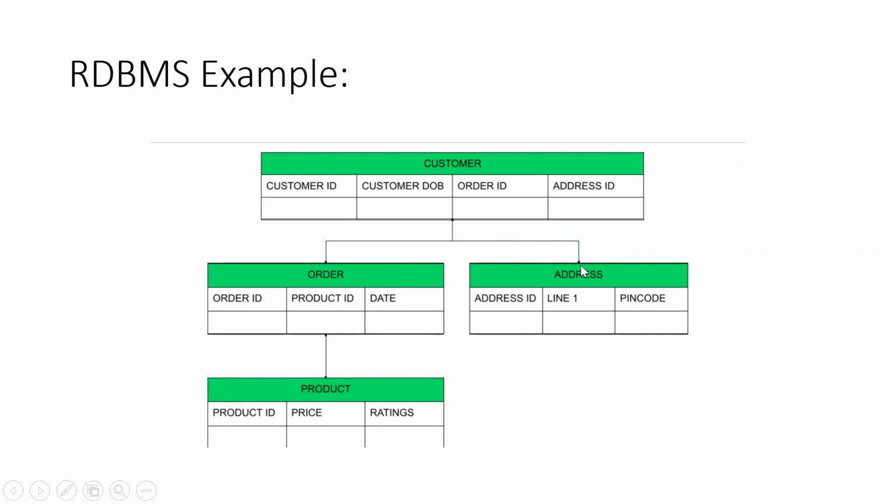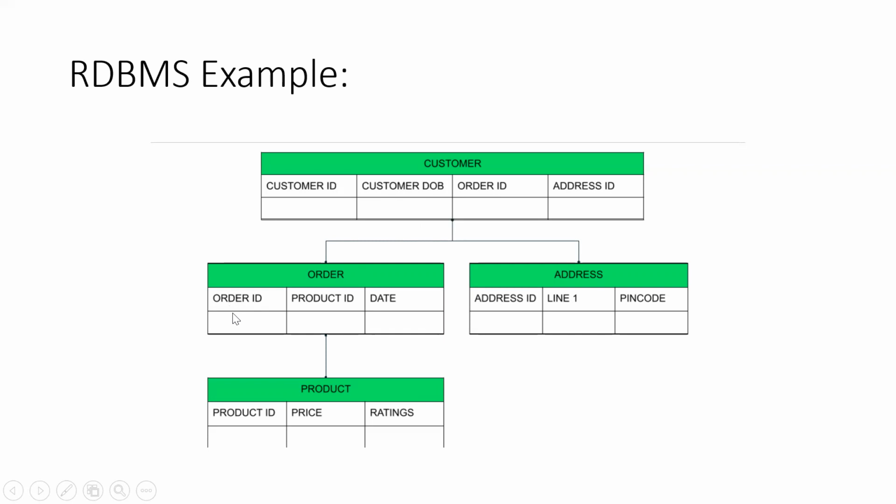Similar things happen for each and every table. So I'm just repeating once more: the table should have one primary key, and the same primary key should work as a foreign key in another table. So we have to set the relationship between the foreign key and the primary key. Suppose order ID is the foreign key over here and order ID is the primary key over here.